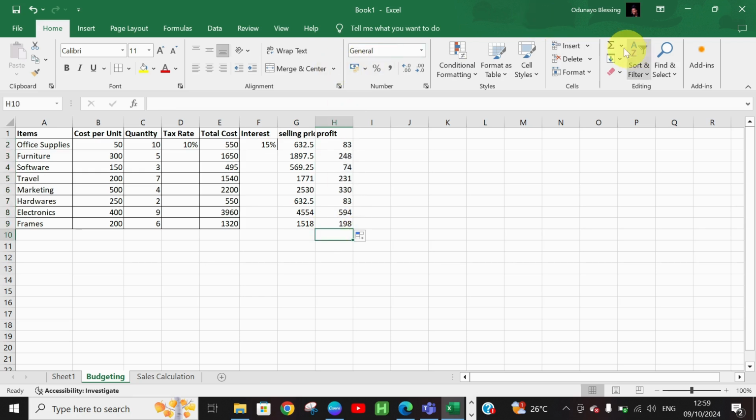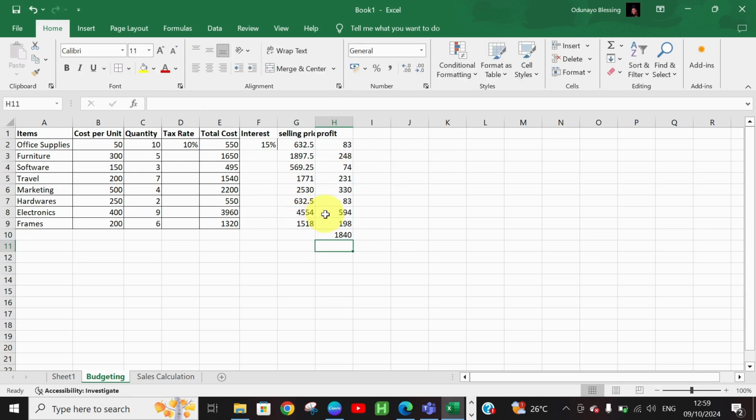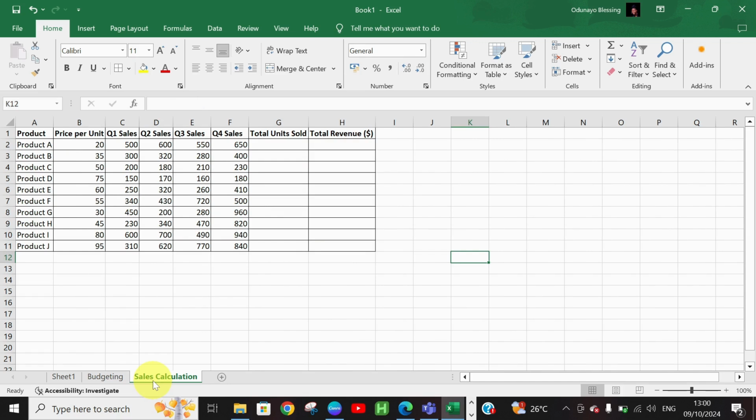So with this, we can get the total amount this person is expecting from that sales, about $1,840 from this market sales, if the person is selling each of the items at the rate of 15% of the total cost price. Now let's go to the second data that speaks about sales calculation.